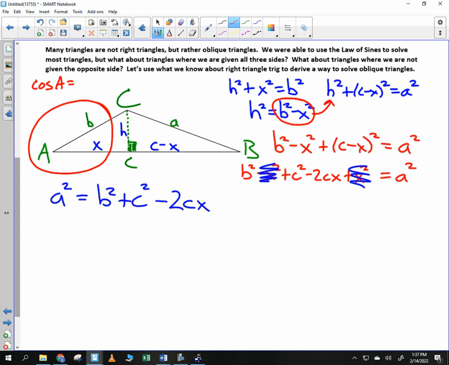X over B, adjacent over hypotenuse, X over B. And if you multiply both sides by B, you get B times the cosine of angle A is equal to X. So this thing can substitute right in there.